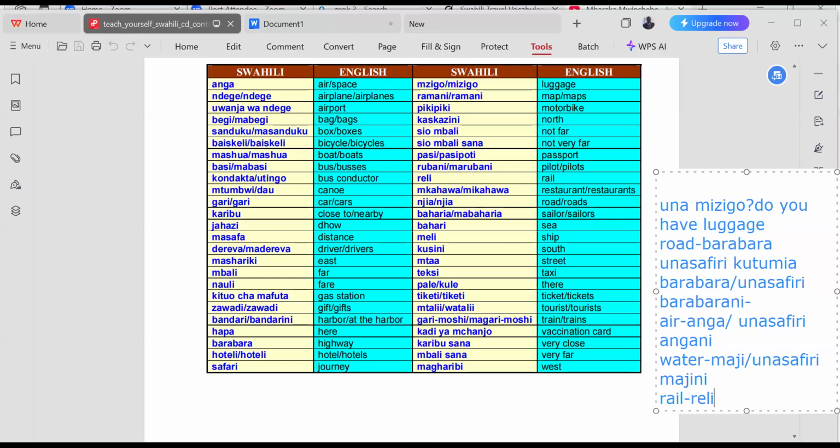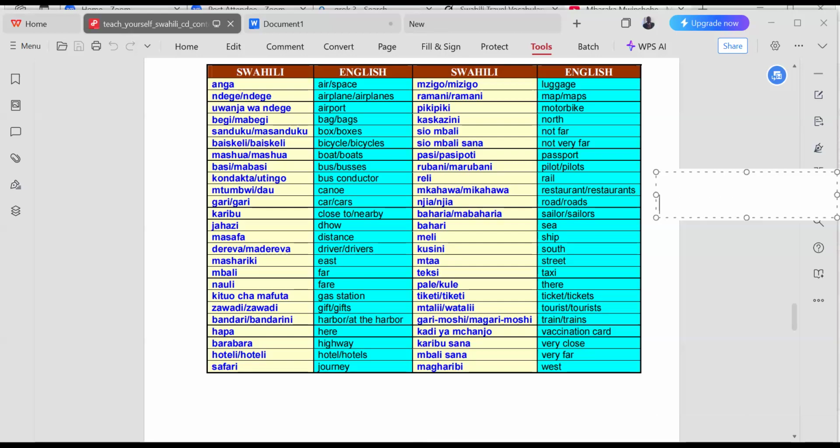Now we'll define various instruments, or tools, you use for traveling. For example, if you are traveling via road, you will likely use some of the following.